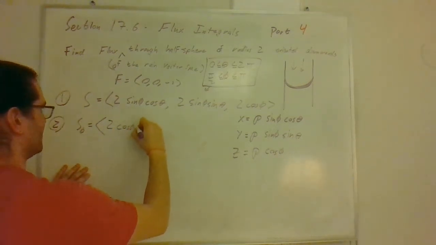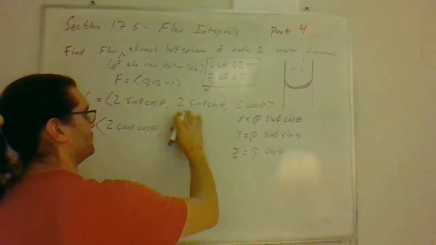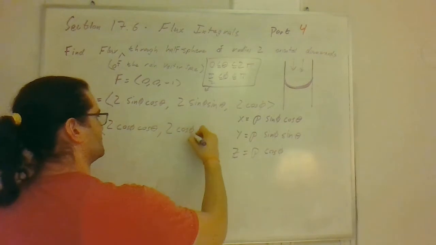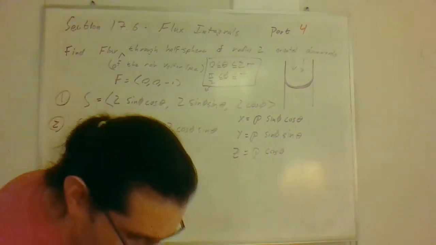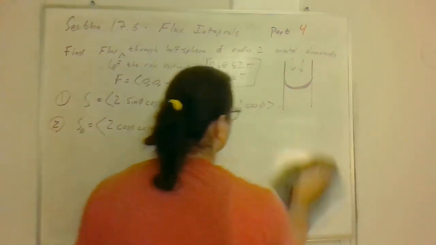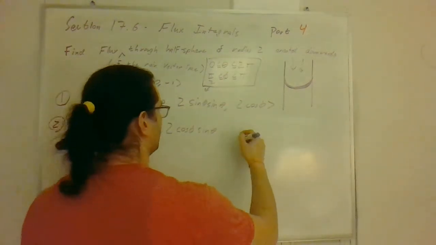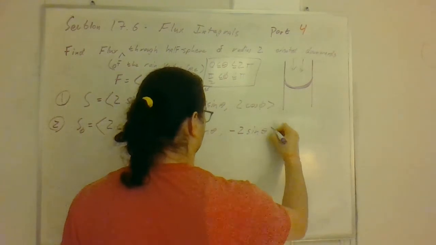So 2 cosine phi cosine theta. Derivative of this is 2 cosine phi sine theta. These need to go away, so I have space. Derivative of this with respect to phi is negative 2 sine of phi.